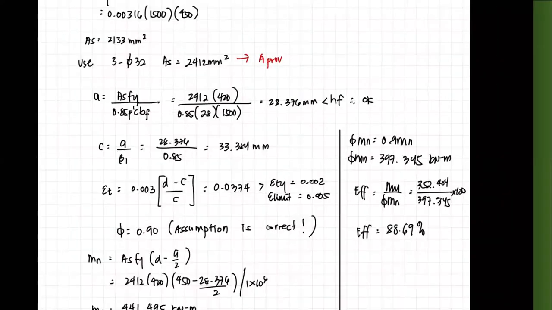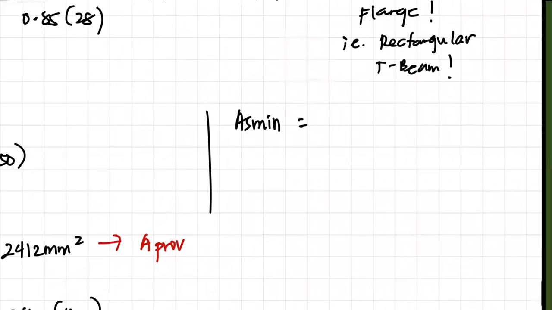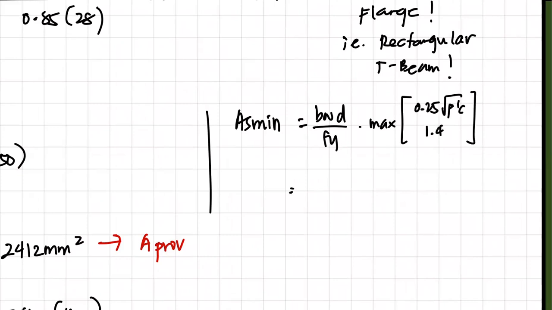Okay, checking for As min. As minimum is equals to bw d over fy times maximum between 0.25 sqrt of f'c tsaka 1.4. So that is bw natin is 300, d is 450, fy is 420 times pag sinubstitute nyo yung 0.25 sqrt f'c mas greater than si 1.4, no?